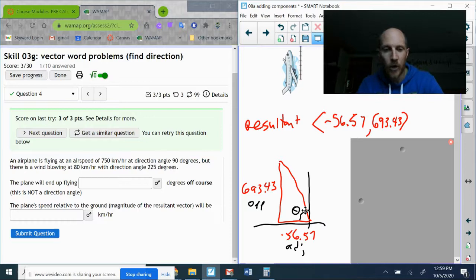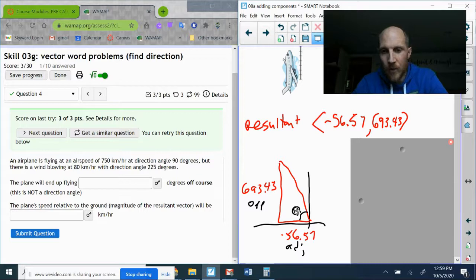And then after I had it drawn, I realized, you know what? This angle inside the triangle right here is not actually the angle that I want to find, because the question asks for the amount of degrees off course that the airplane is going to go, and the airplane is trying to go straight up on my graph.